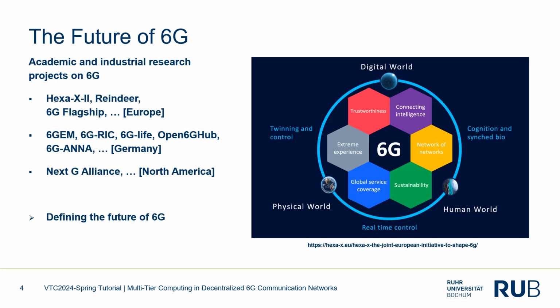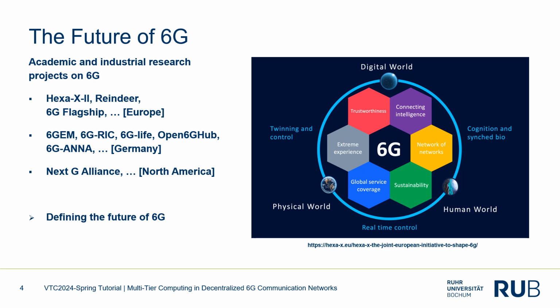As we are going to focus on 6G, it would be helpful to get an overview of the ongoing academic and industrial research projects on 6G. This is not a complete list by far. We are just going to mention a couple of projects. At the European level, there is the flagship project Hexa-X2.